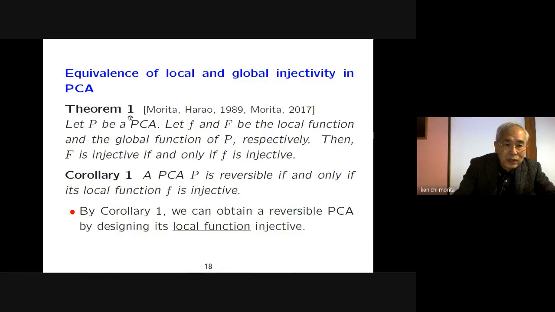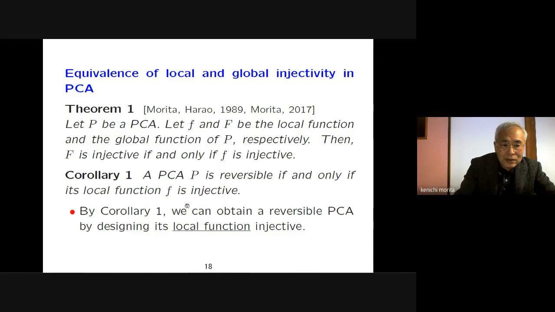From theorem 1, we can obtain the next corollary. A PCA P is reversible if and only if its local function is injective.